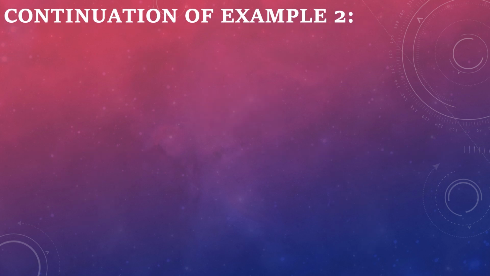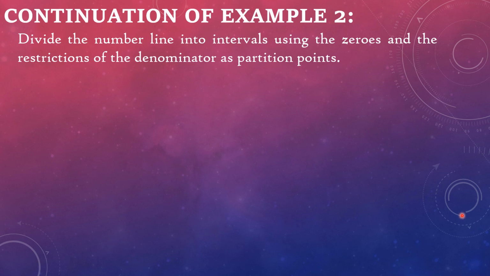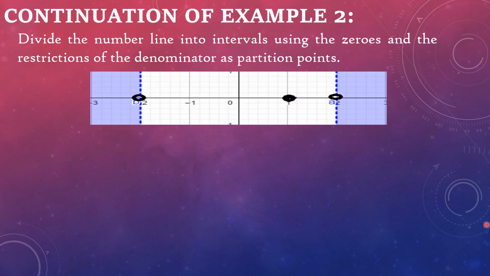After solving for the zeros of the numerator and restricted values for the denominator, we are now ready to divide the number line into intervals. And we will use those values as partition points. So we have here our number line.